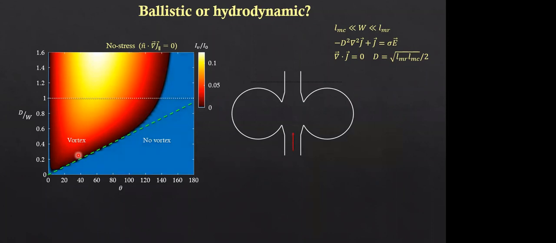So what we do is, we take our device, we do a finite element simulation using these parameters, but there's one catch. The catch is that if we have a very clean system, then one can have a specular boundary condition, which gives rise to streamlines, which look like this.